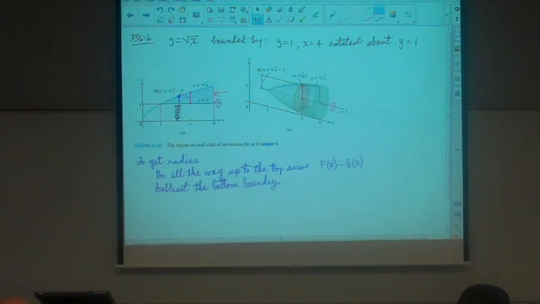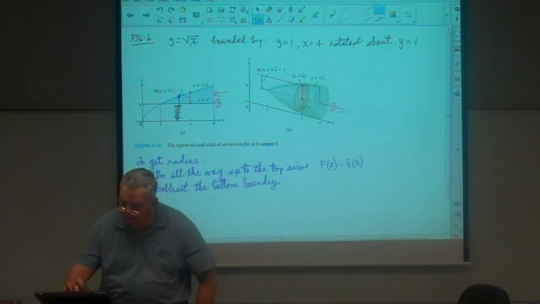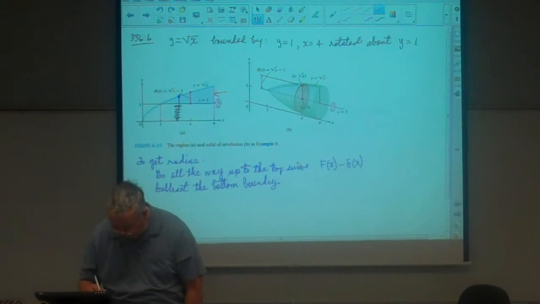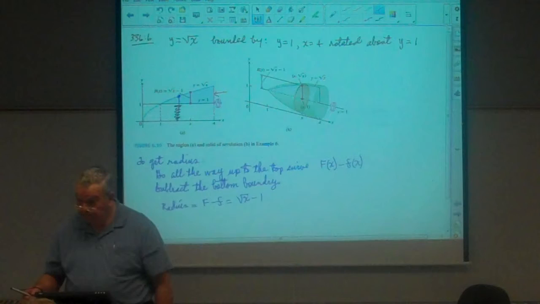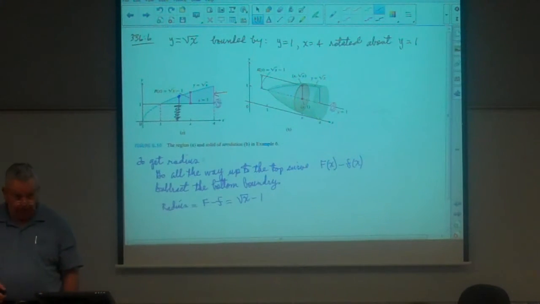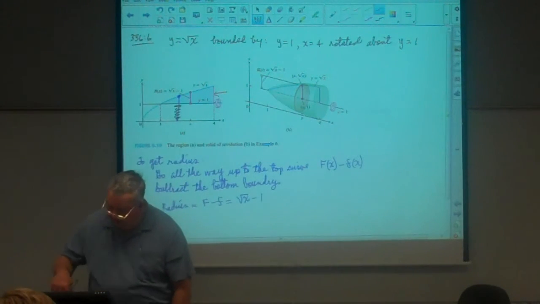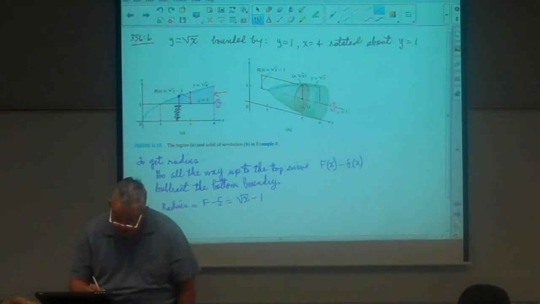Okay, so doesn't that mean that our R, the radius, is equal to big F minus little f, which is square root of x minus 1? Everybody agree? So, now don't I know the area of the base?